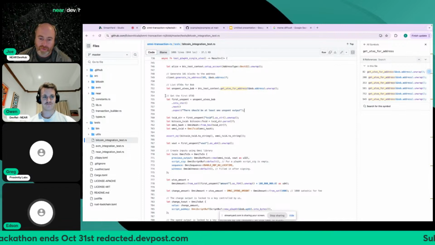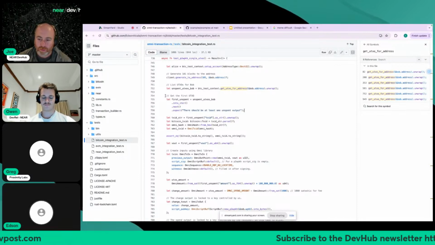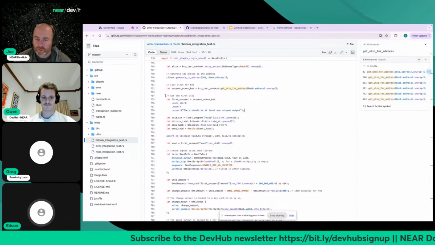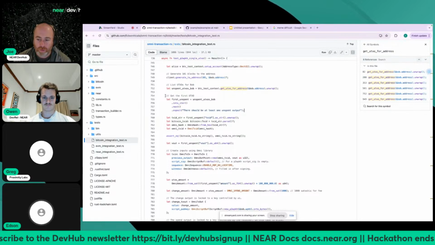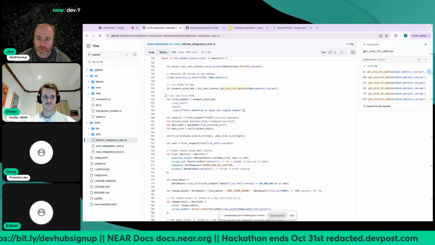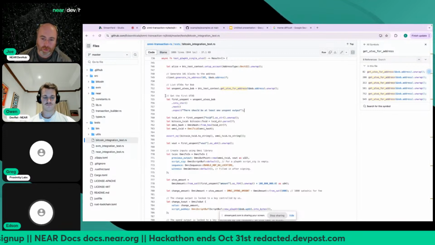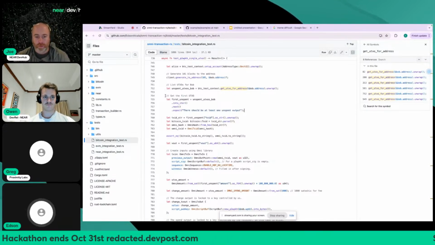If you're coming from the EVM world, like I do, you know that to get the balance of a particular person, you just call the JSON RPC and you can get the balance. Or even in a smart contract, let's say a token, you have access to the balance of a particular address.